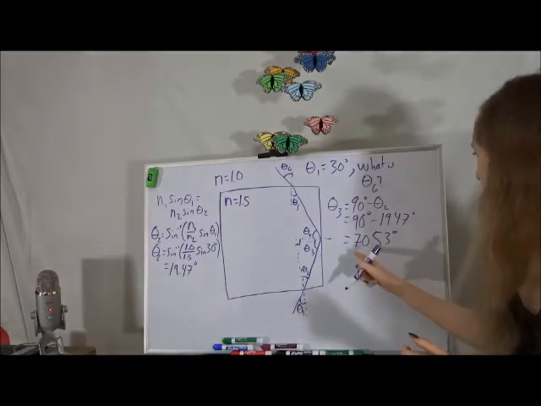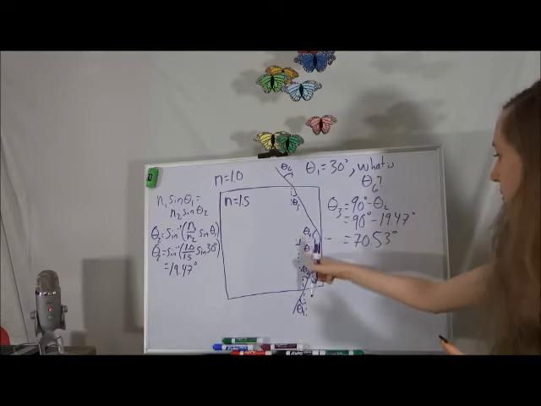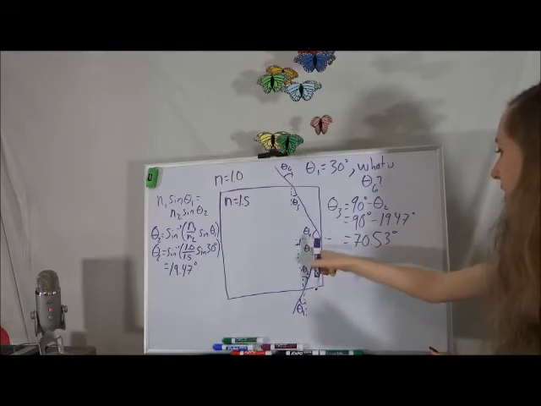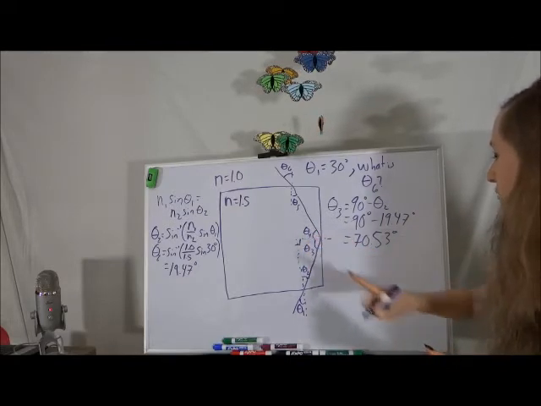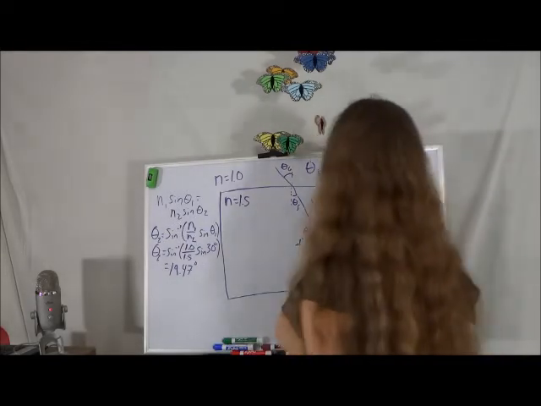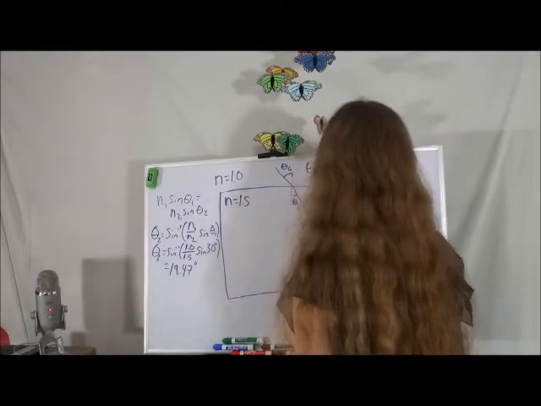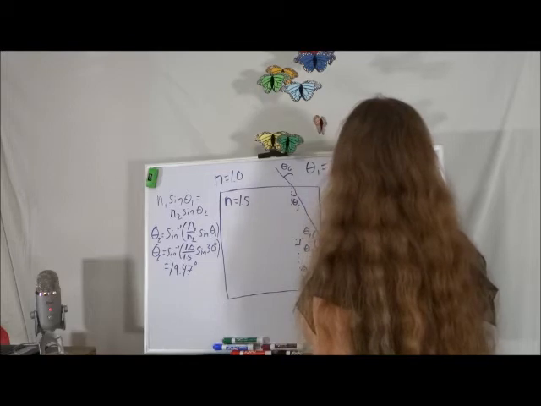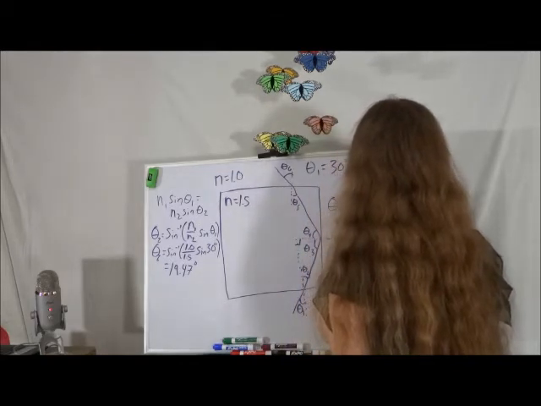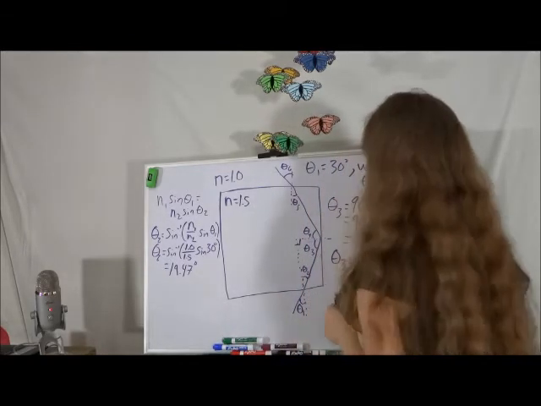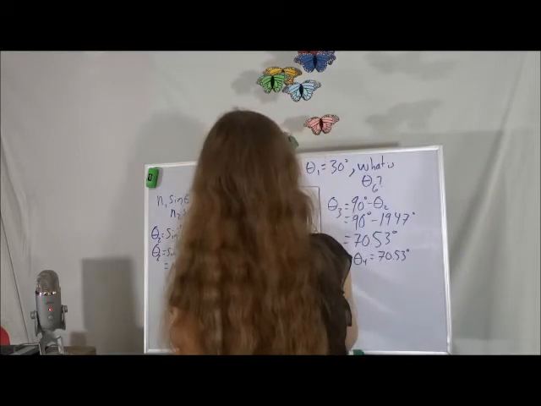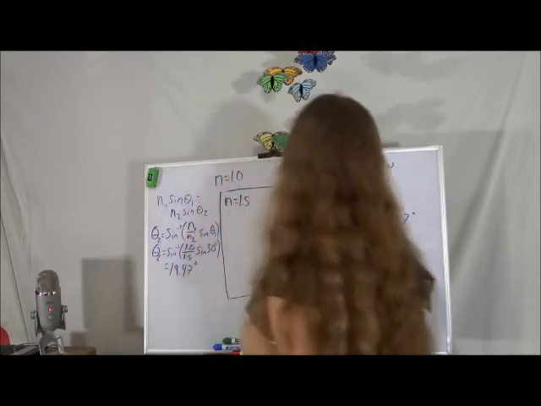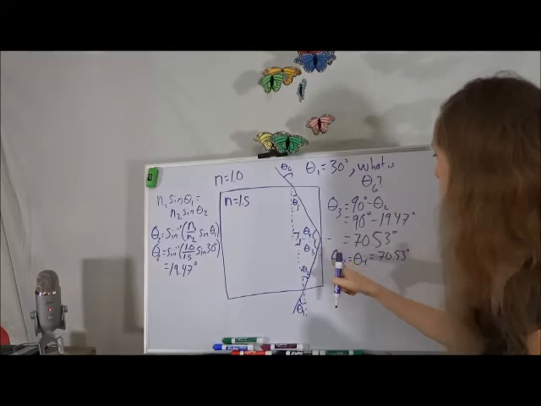So now, theta 4 and theta 3 are going to be the same thing because this is reflecting, and we know that the angle of incidence and the angle of reflection have to be the same thing. So theta 3 equals theta 4 equals 70.53 degrees. Now when we go up to theta 5, our normal lines are again going to form a right triangle.